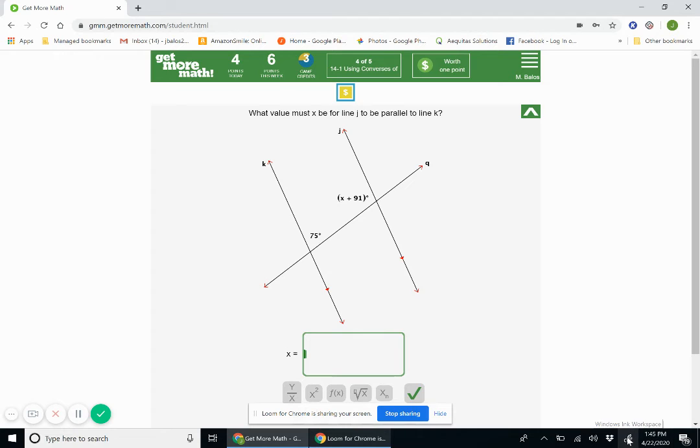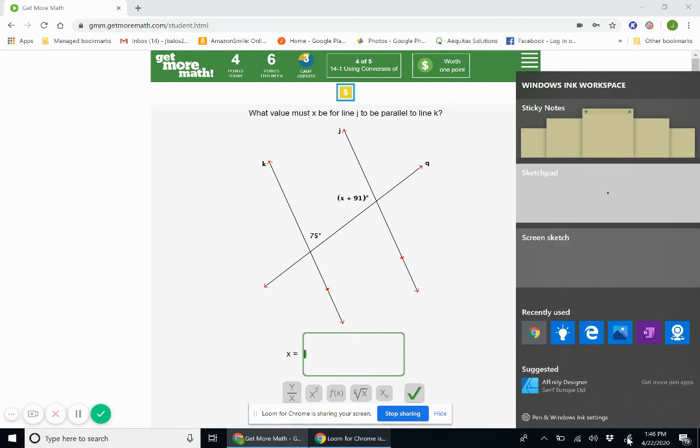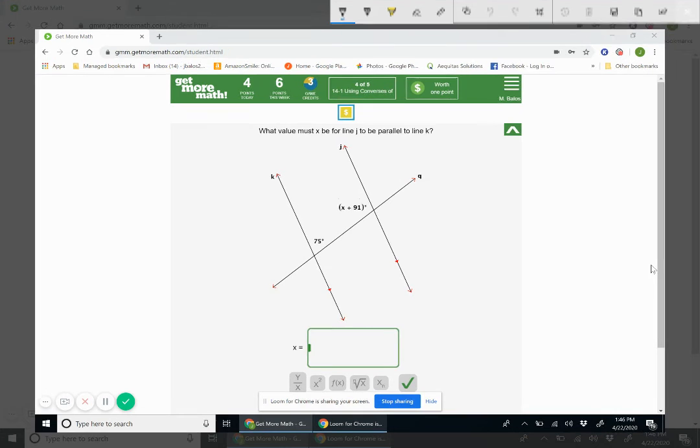What kind of angles are these? Well, they're both on the same side of the transversal. They're both above it. And they're both in between the two lines. So they are same side interior angles.